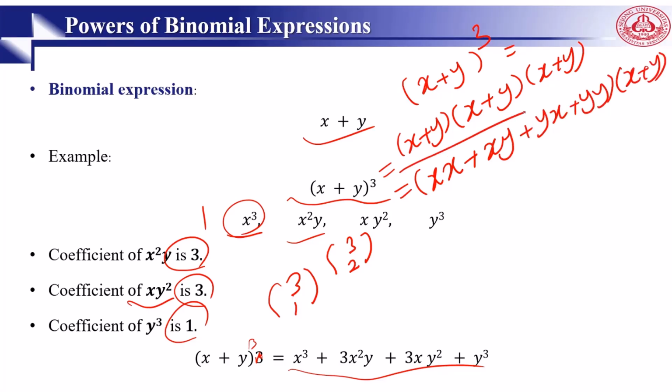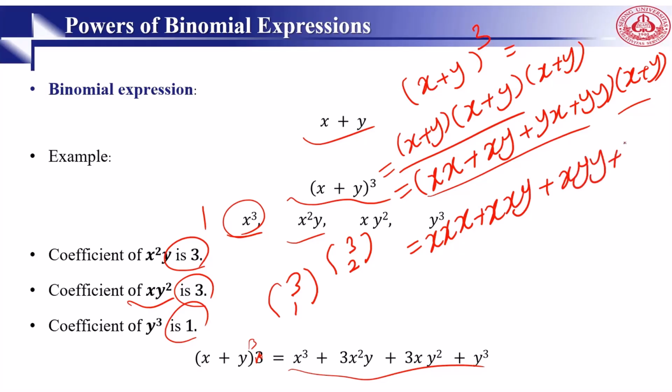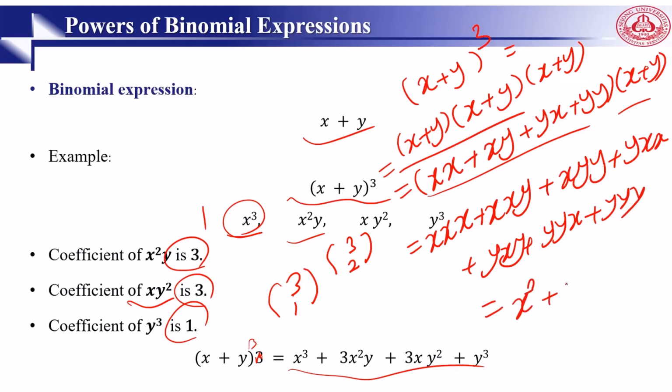Multiplying by this one, we will have xxx plus xxy plus xyx plus xyy plus yxx plus yxy plus yyx plus yyy. It gives us x cubed plus 3x squared y plus 3x y squared plus y cubed.